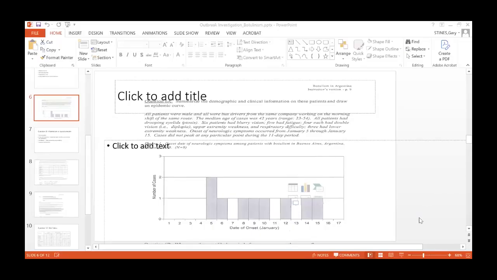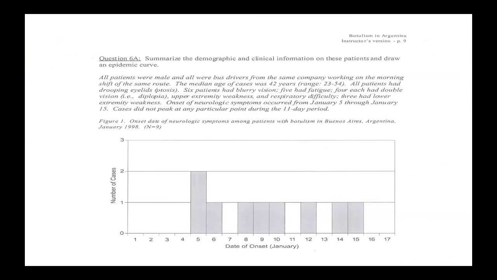Okay, so I'm going to share what your epi curve should look like. Everybody has something looking like this. Is this what your epi curve looks like? Yes, that's all. Yes. Right. So is there a peak of the outbreak?